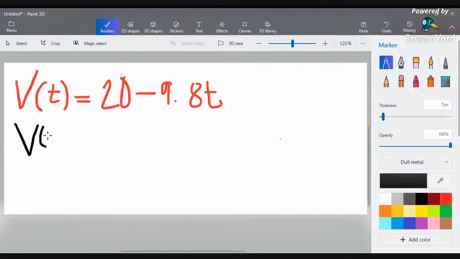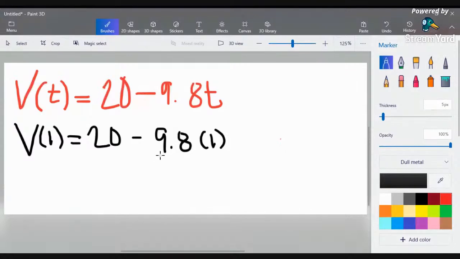So v of 1 is equal to 20 minus 9.8 times 1. And we know that 9.8 times 1 is also 9.8. So therefore, v of 1 is equal to 20 minus 9.8. And that is 10.2.